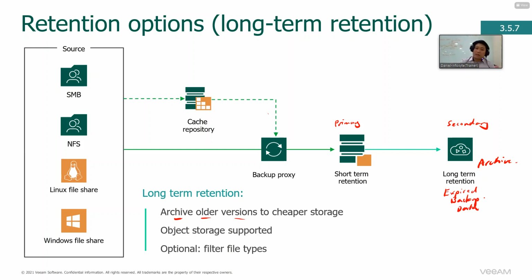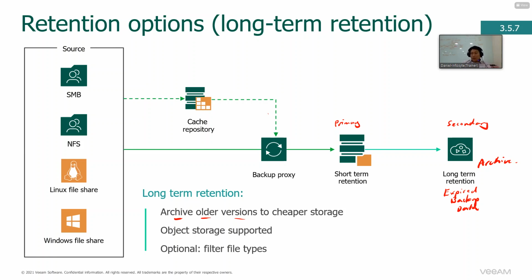Now you back up every day, every hour, and you will not keep all the data in your normal repository for a very long time due to space consumption, etc. Those older backup data, you plan to move to a different location or equipment. You might need to use it later, you have no idea. You just want to keep it as additional storage in case you require it later.